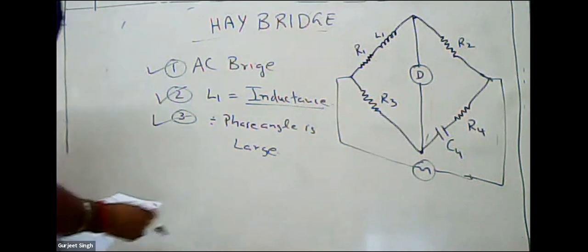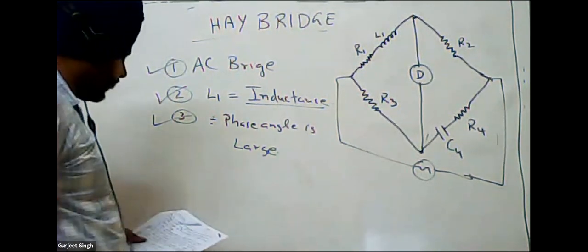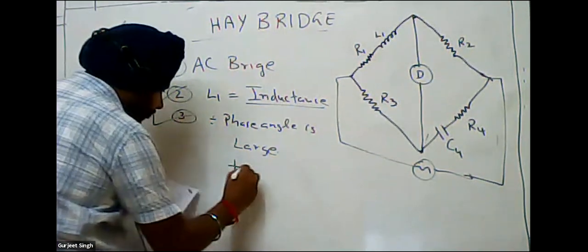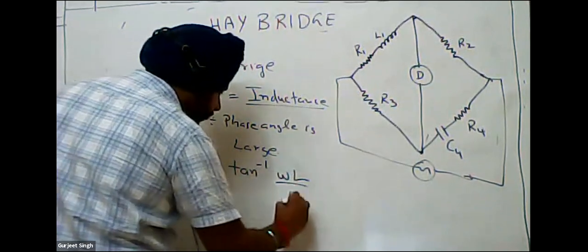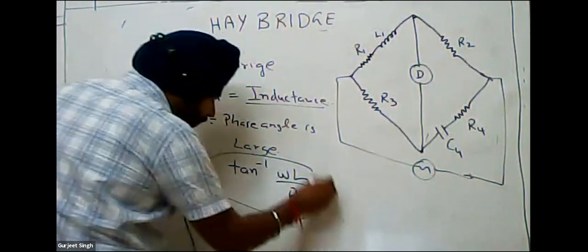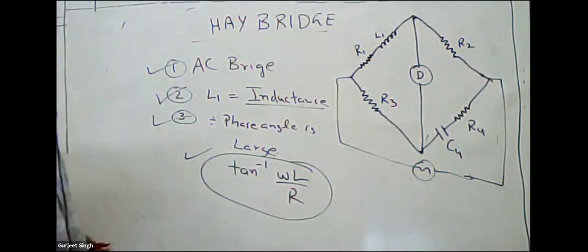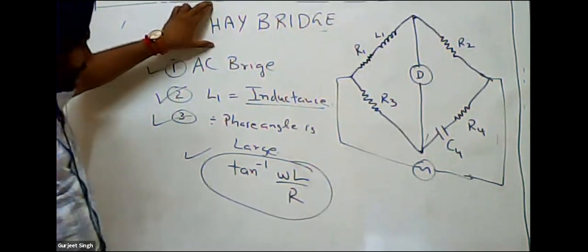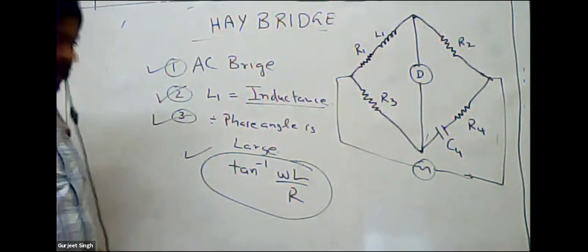The advantage is that it is used to measure the inductor value which is having a large phase angle. Means we have a phase angle tan inverse omega L upon R. If the inductor has this tan inverse value large, in that case we use this Hay bridge to find out that inductor value.